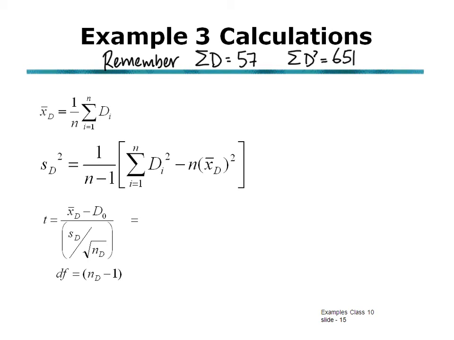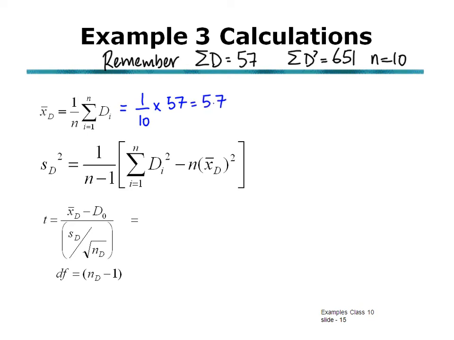Now, using the formula for the mean of the differences, which is 1 over n, I know we had 10 people in our sample, 10 observations, so n equals 10. 1 over 10 multiplied by the sum of the differences, which was 57. 1 over 10 times 57 is 5.7. So the mean difference for the observations is 5.7.